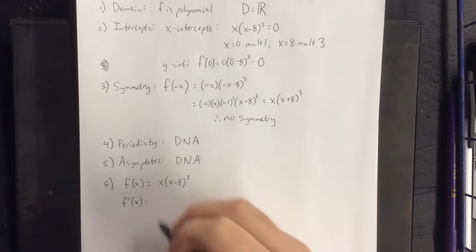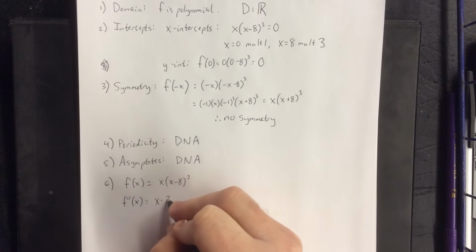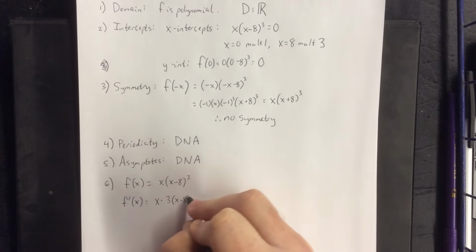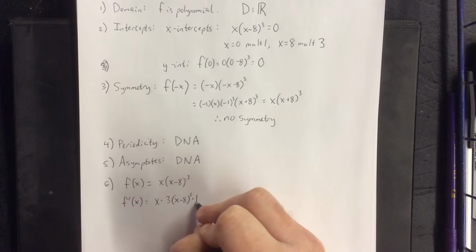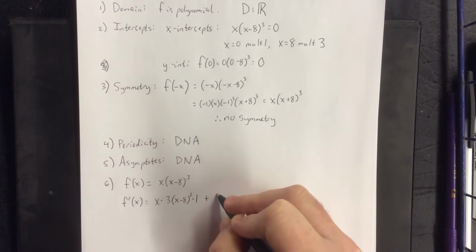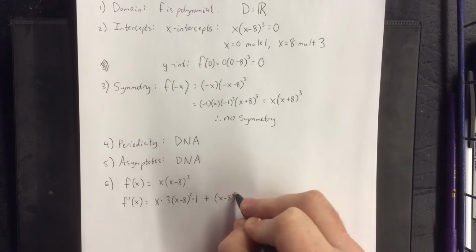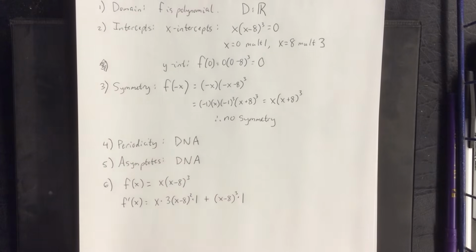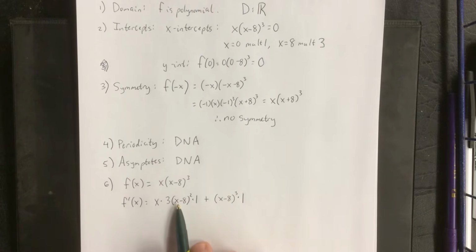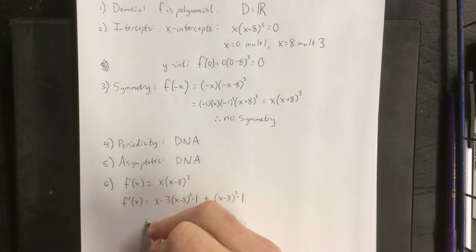The product rule states this will be the first function times the derivative of the second function. Chain rule says multiply by the derivative of the inside, plus the second function times the derivative of the first function. First function being x, its derivative is 1. Now, a big advantage that we get here is we can factor out an (x minus 8) squared from both of these.